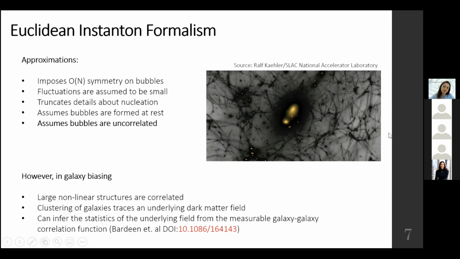So galaxies, in fact, correspond to peaks of this dark matter field, and we can infer the statistics of the underlying field from this measurable two-point function, the two-point correlation function of the galaxies.